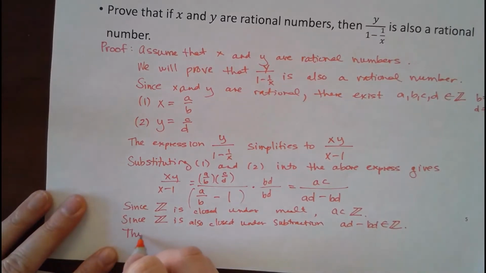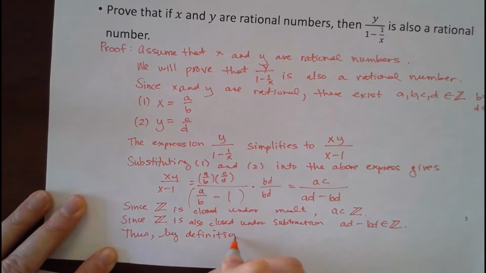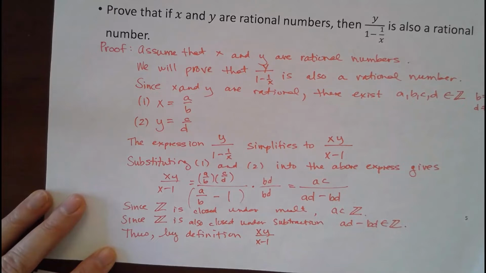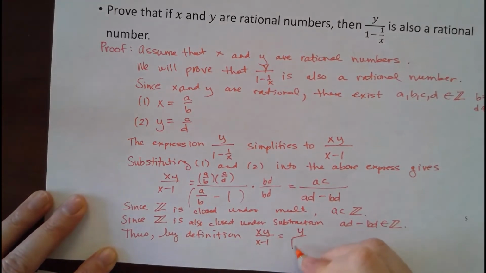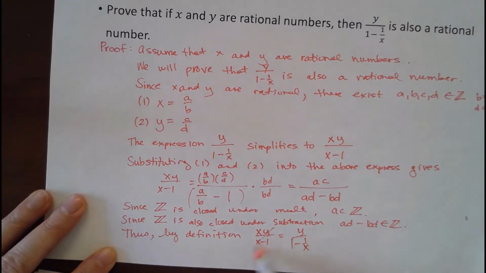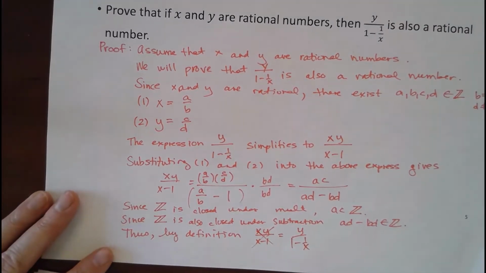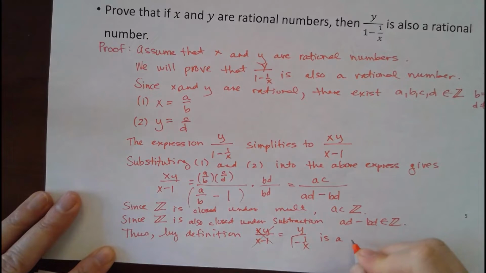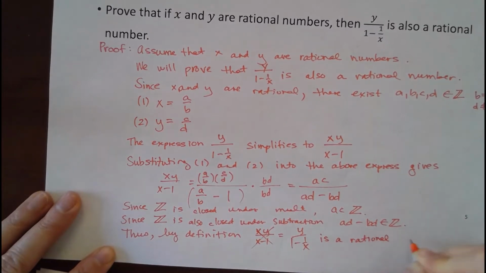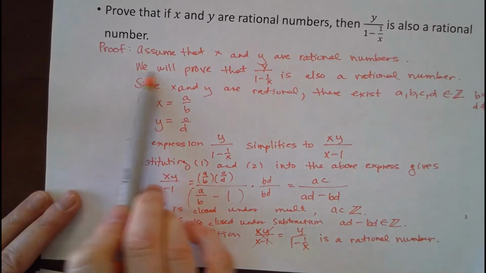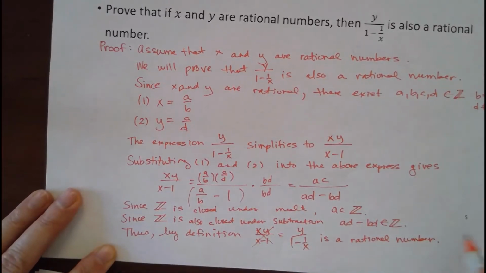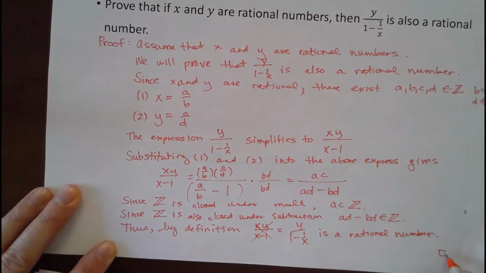Thus, by definition, xy over x minus 1 is a rational number. Okay, and that's what I set out to prove, that it's a rational number, and so I'm done.